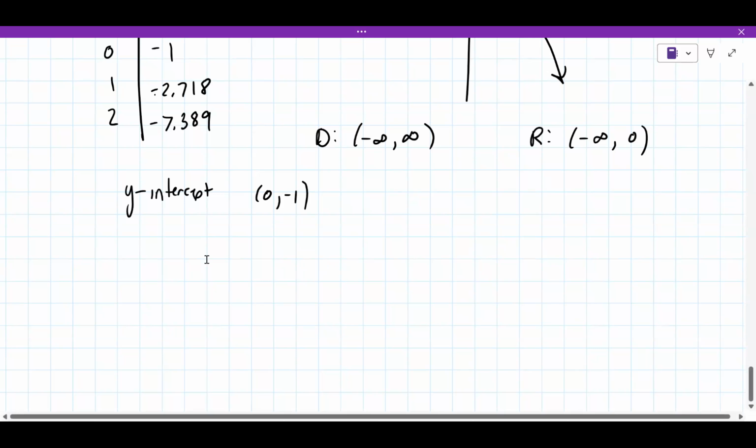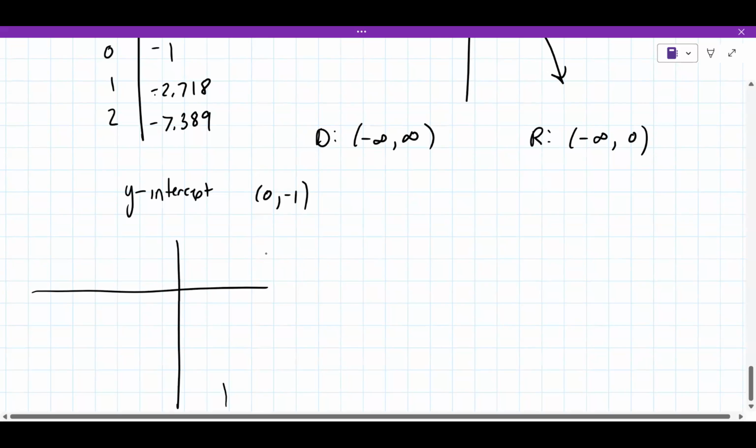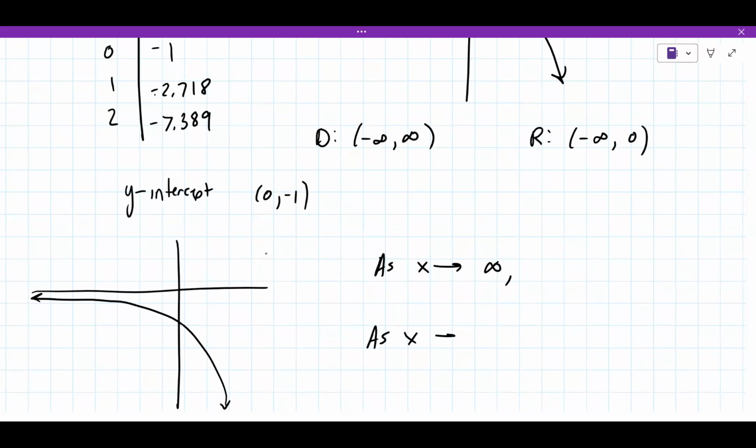And so the next thing here is end behavior. It's good to have that graph there. As x goes to infinity, as x goes to negative infinity. The first one: as you go to the right, what does the y value approach?